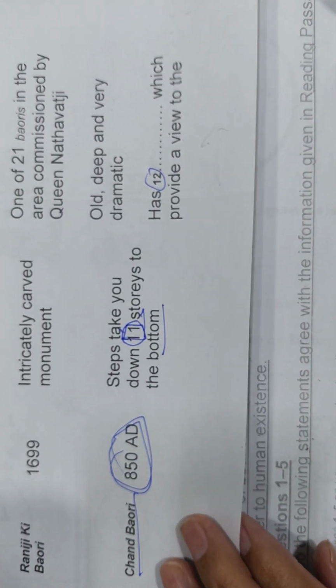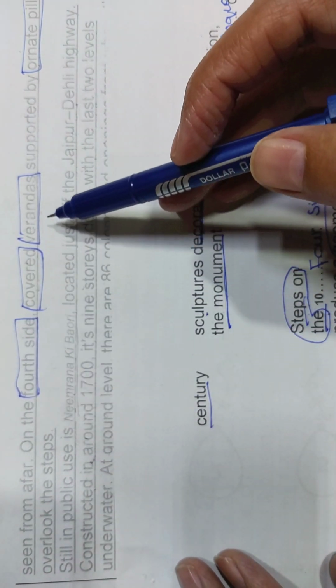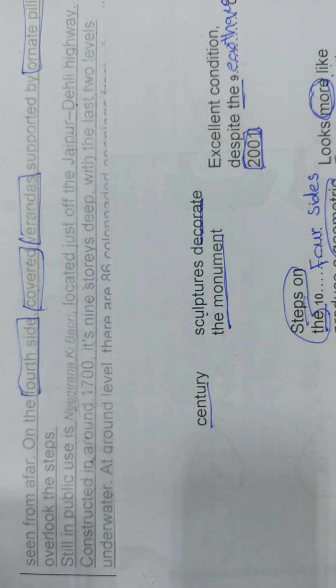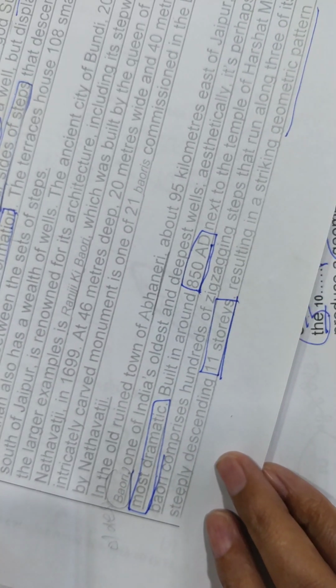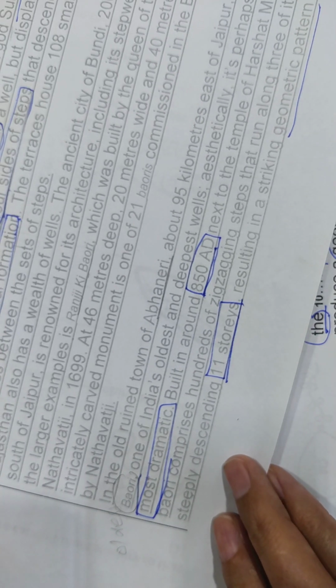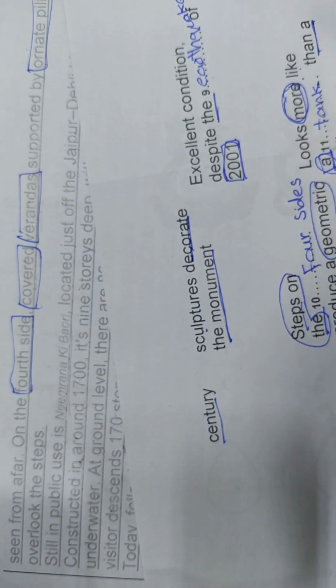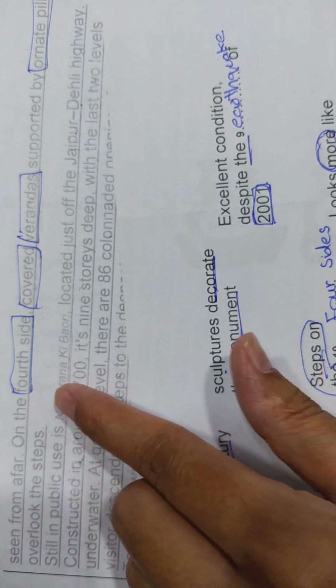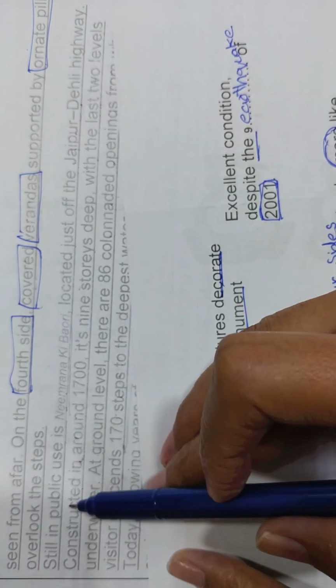So let's move towards the answer. What is the answer here? It's saying on the fourth side, covered verandas. You can find here 1850 AD, 11 stories, has a dash which provides a view to the steps. On the fourth side they are talking about, covered verandas supported by ornate pillars overlook the steps.